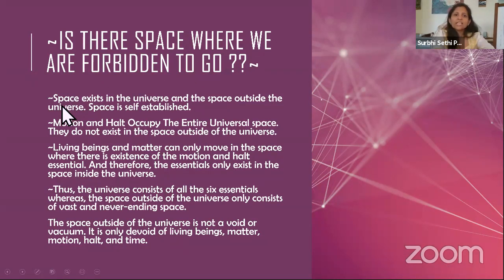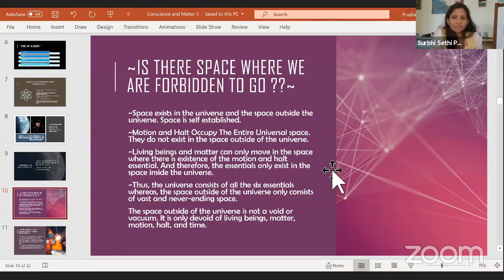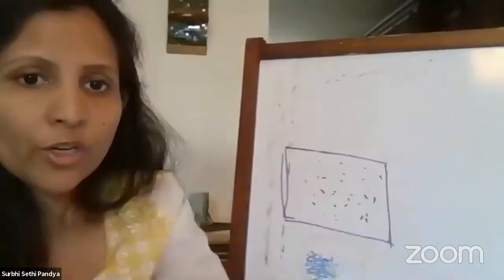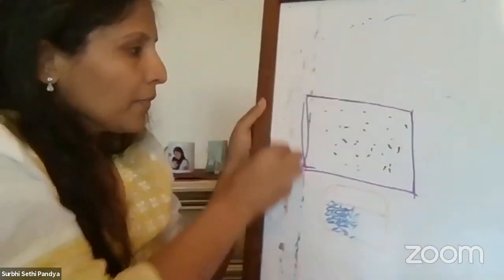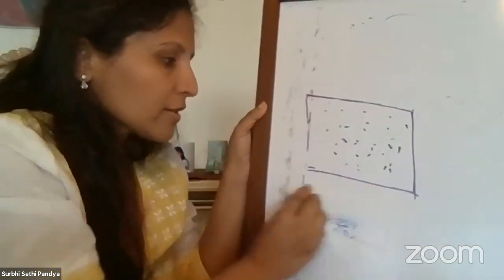Number one point, space exists in the universe, and the space outside the universe. Space is self-established. What does this mean? Look at this. So when you're looking at the board here, I told you that this is the universe, right? Imagine that this is the universe.